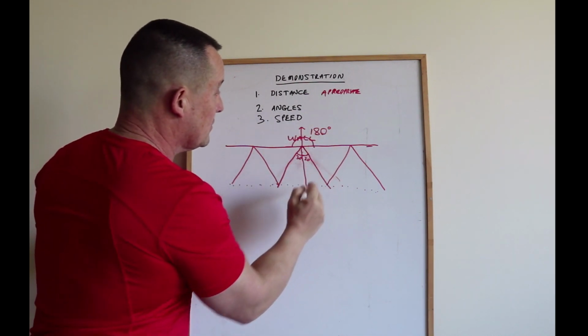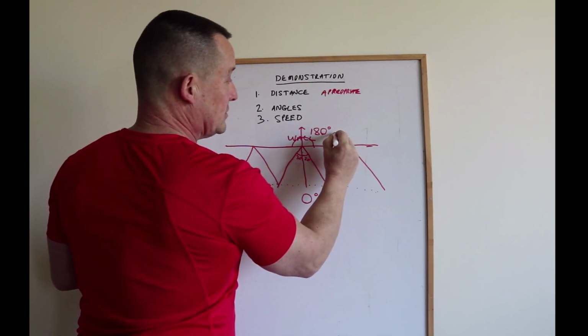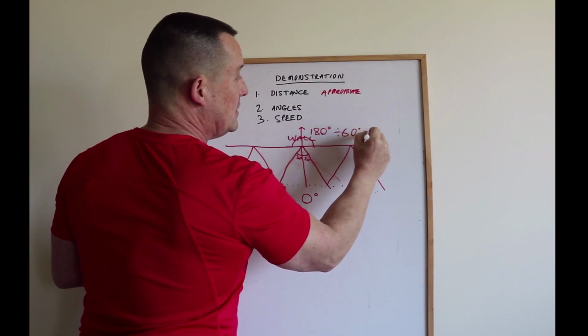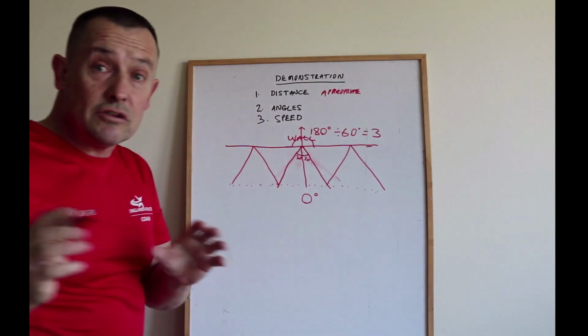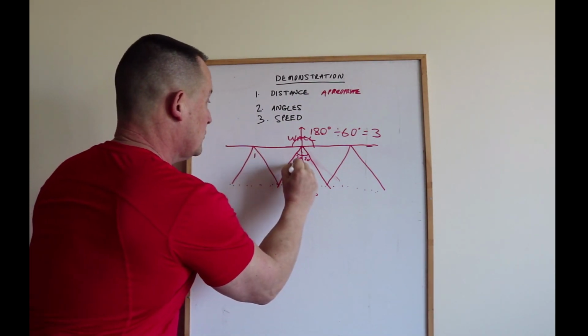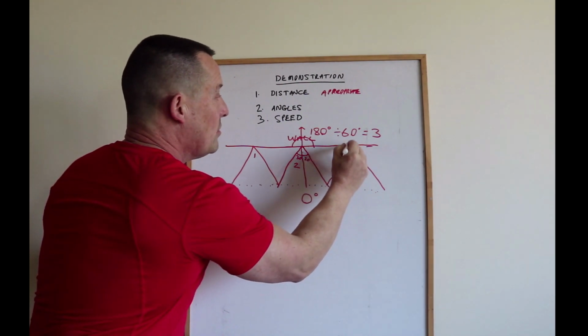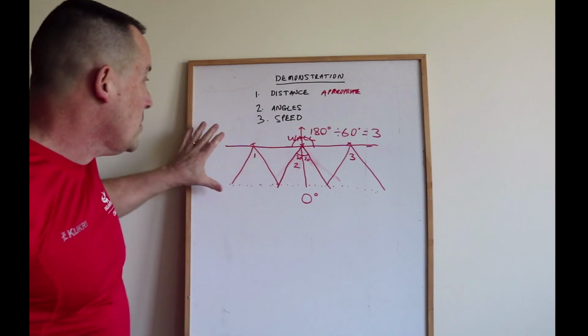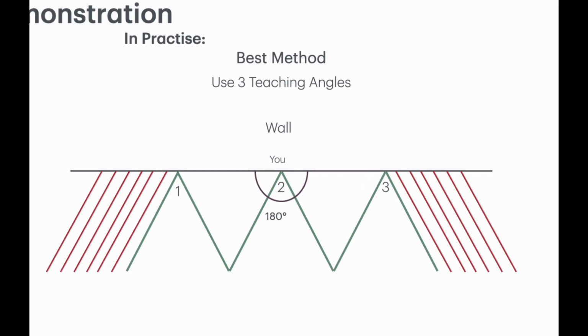These angles here are 60 degrees. So we're divided by 60 degrees. That equals 3. So we've got 3. So as long as we've got 1, 2, 3 points from where we teach, we will cover a big group.